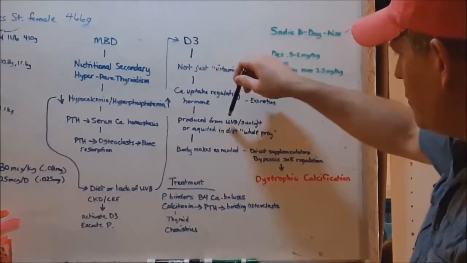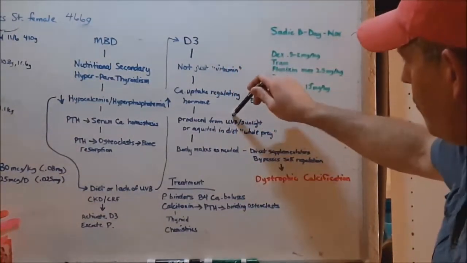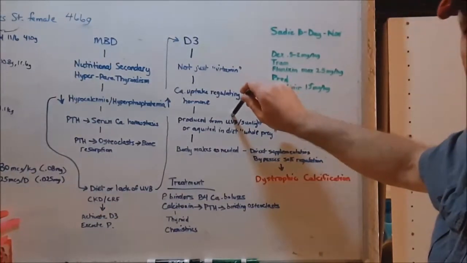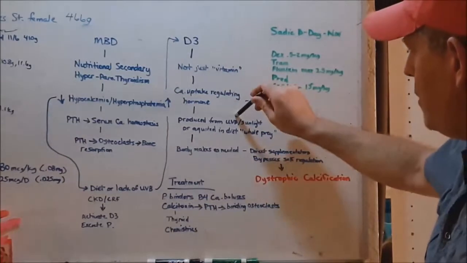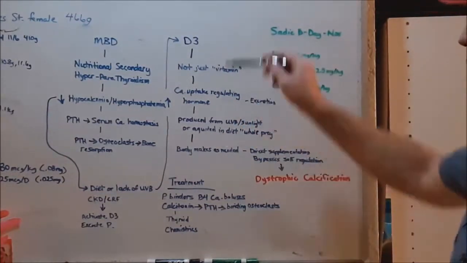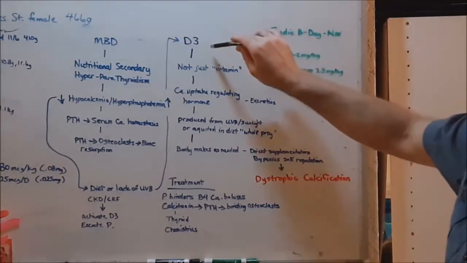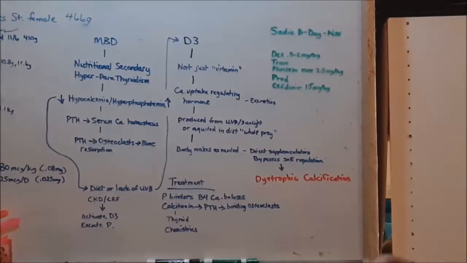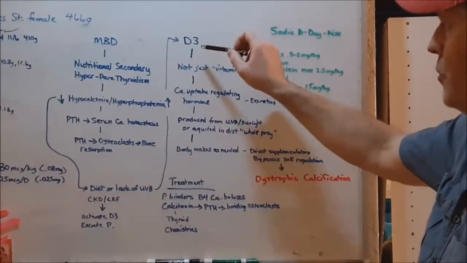What happens is the UVB, we go outside, you've probably heard this before or been taught this in science class at some point, that you go outside, the UVB from the sunlight strikes your skin. That produces the inactive form of vitamin D, the inactive precursor.